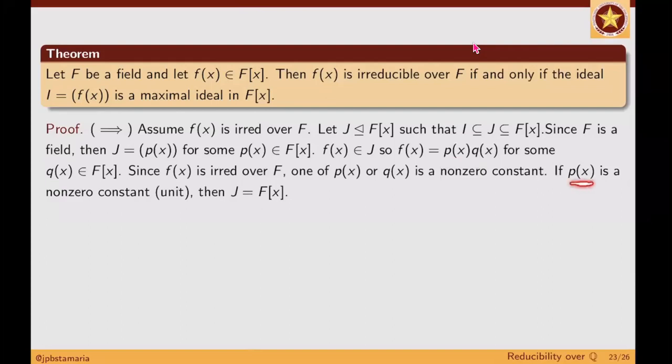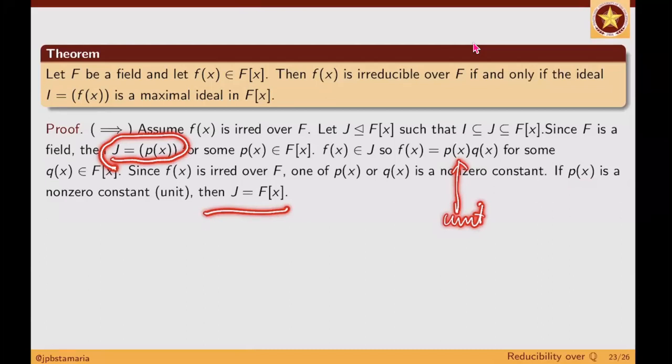If P of X is the one that is the unit, kung ito unit, non-zero constant siya, mag-follow na yung J mo magkakaroon ng unit. Did you remember? Sabi ko kapag ang ideal has a unit in it, automatic siya yung entire ring. Walang ibang ideal ang isang ring na mayroong unit maliban doon sa ring itself.